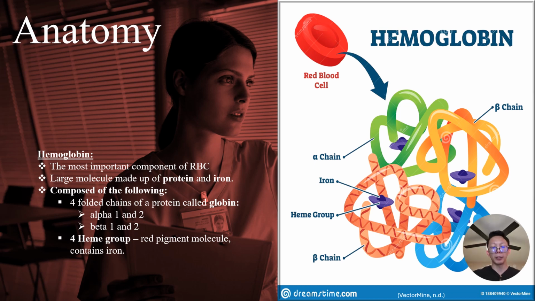Hemoglobin is usually composed of four folded chains of protein called globin. Two of those are known as the alpha, and the other two are known as the beta. Along with that are four heme groups, which are primarily red pigmented molecules containing iron.